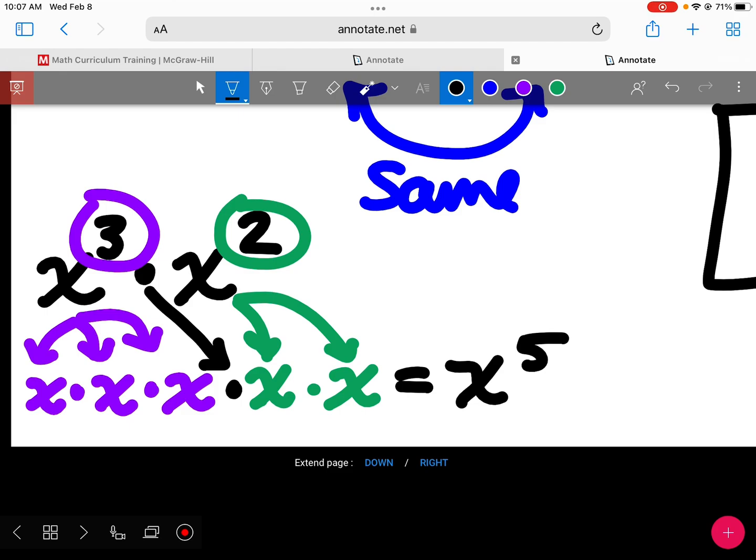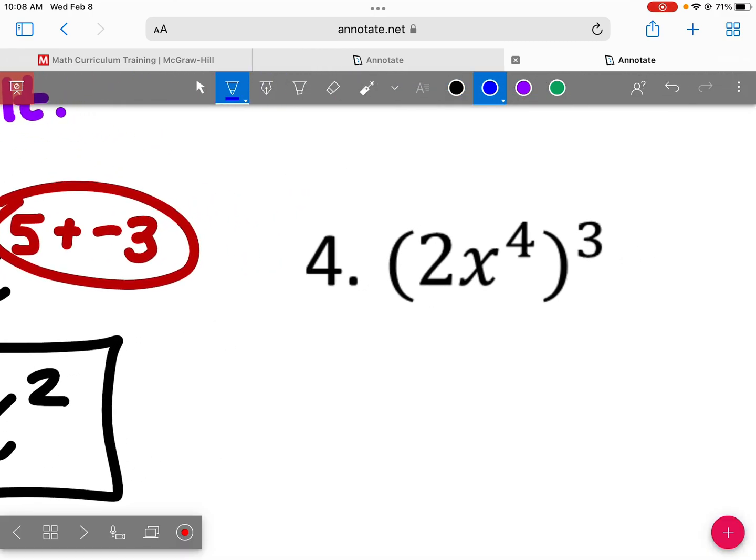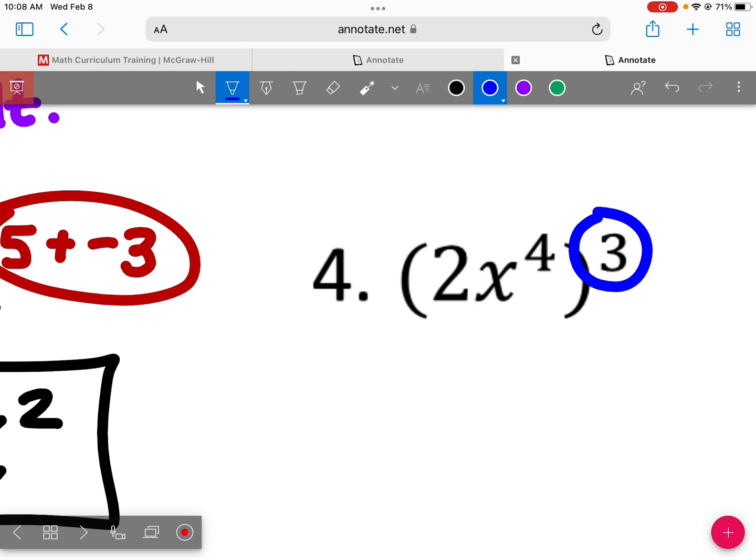The middle one, I have to be careful here. What's in there with that x to the fourth? Coefficient of 2. So what it means to be cubed means I multiply it by itself how many times? 3 times.